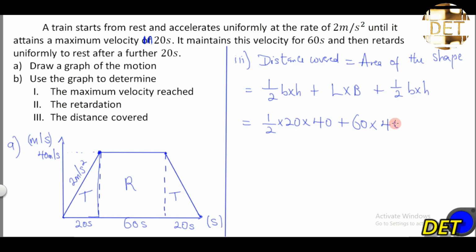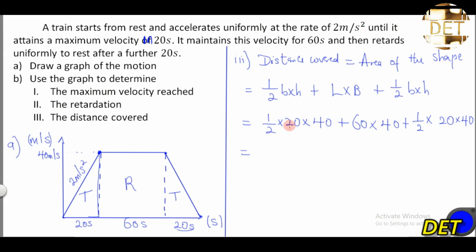Plus, from here to here is your height, which is 40, and your base is 20. So that's half base times height: half times 20, times your height, which is 40.